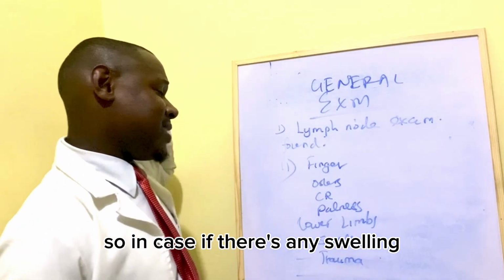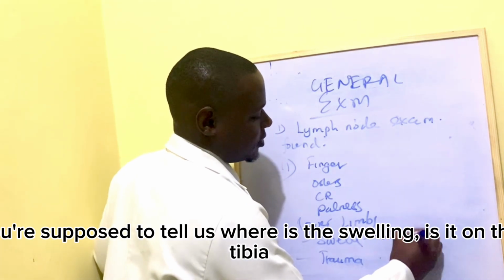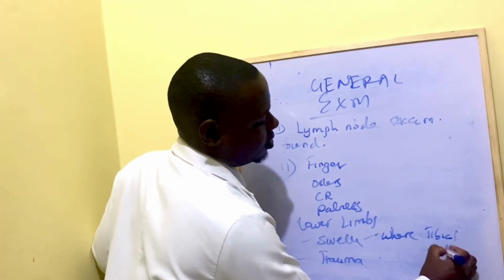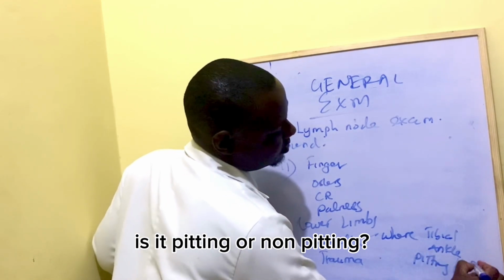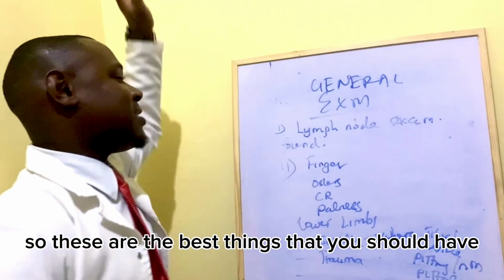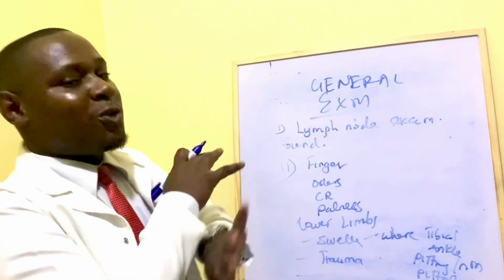So in case there's any swelling, you're supposed to tell us where. Is it the tibial, ankle? Is it pitting or non-pitting? So these are the basic things that you should have in your general exam. If you write this, you're in for business.